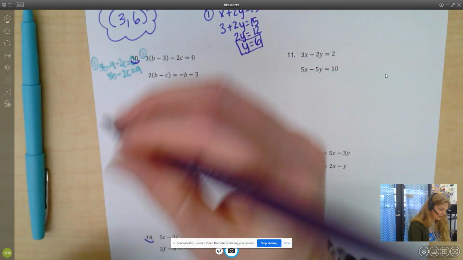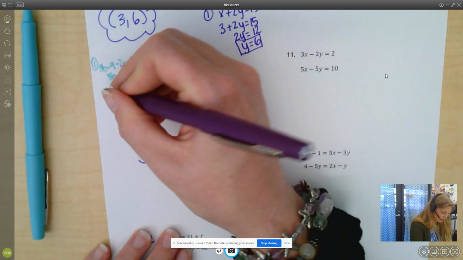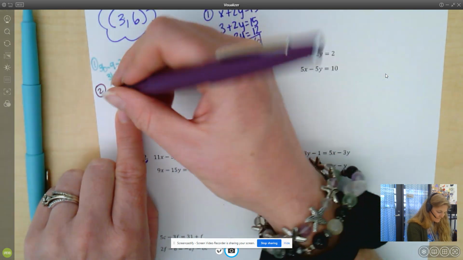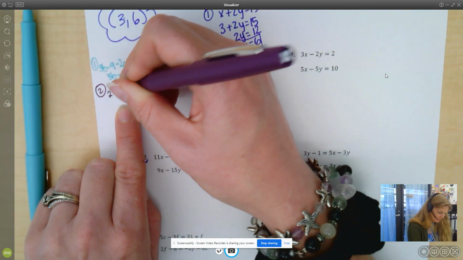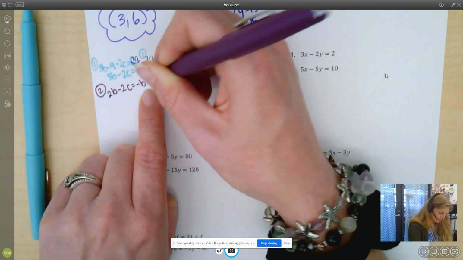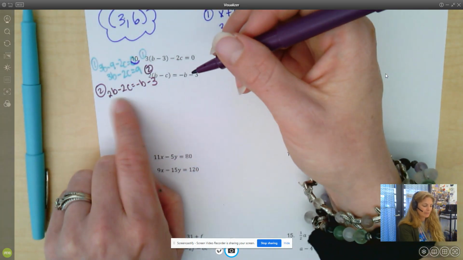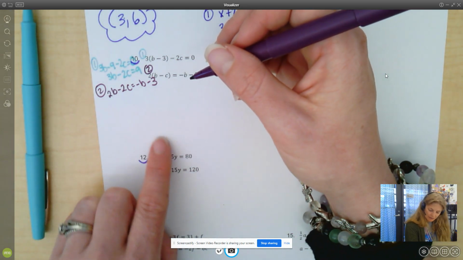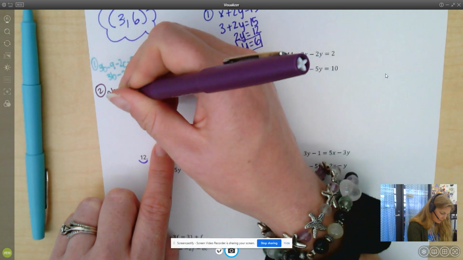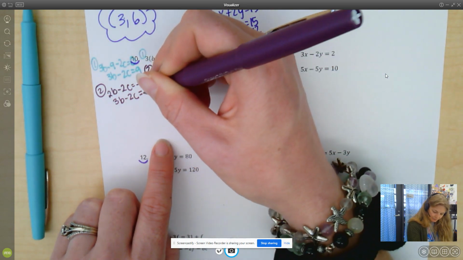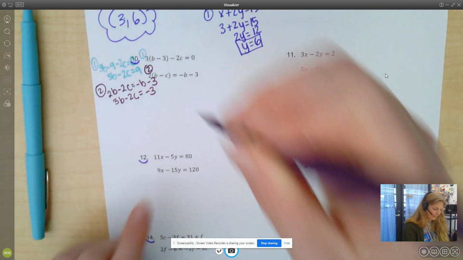And my second equation, equation 2, when I distribute that 2, I would get 2b minus 2c is equal to -b minus 3. So I'm going to add b to both sides to get my b's on one side, my c's on one side, and my constant terms on another. And I would get 3b minus 2c is equal to -3.